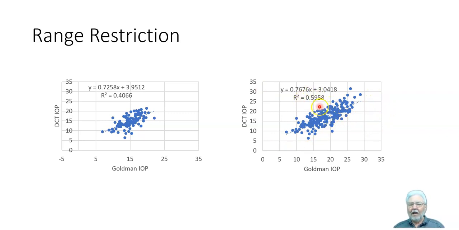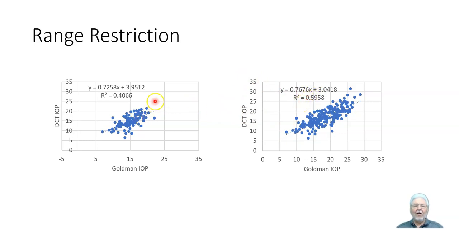So be careful when you're reading the literature and they're using normal patients, non-diseased patients or optometry students to compare the similarity of two measures. If they're just using healthy subjects, they're going to underestimate the goodness of fit for this.